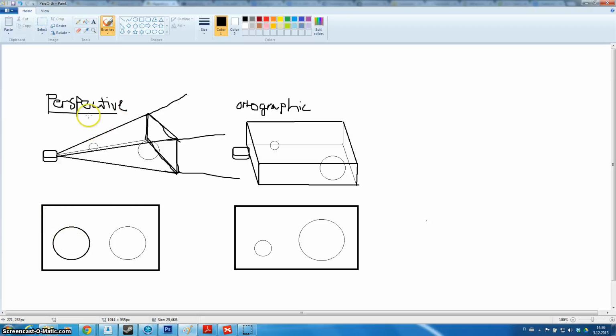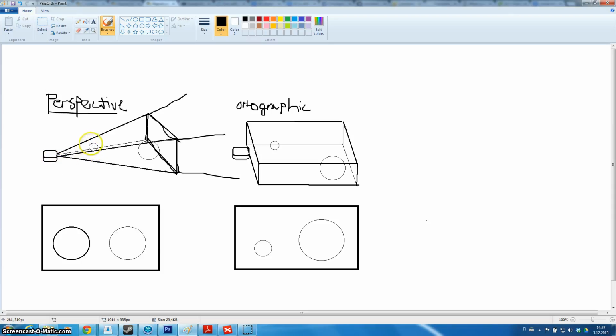But the main difference is how it presents the world, what it sees. For example, I have two spheres over here, and this camera, or is it a person, whatever, camera right now.